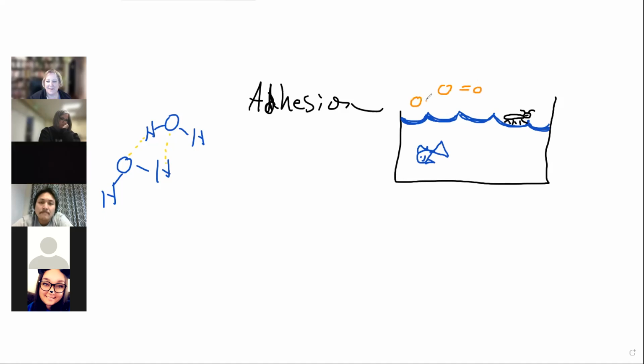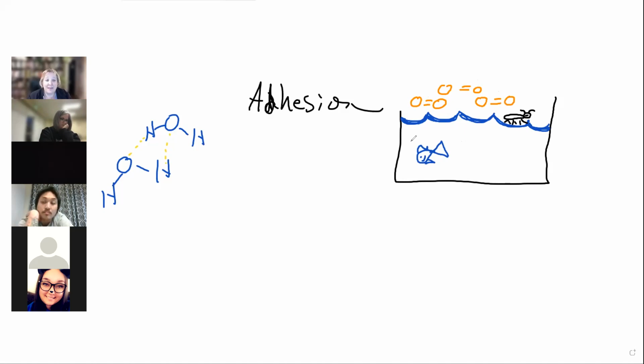It's hydrophobic. Very good. It's hydrophobic. So the oxygen is going to hang together, but the water is going to be attracted away from the air. And so it forms what we call surface tension. And it's enough that if you're an itty bitty bug, you can skitter around on the surface of that water. Okay.